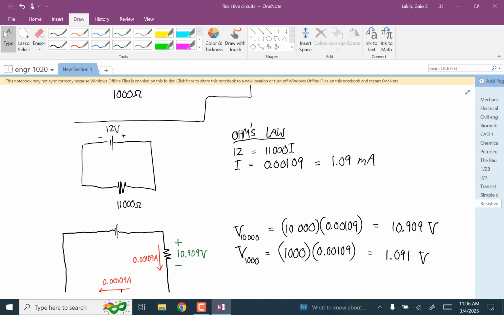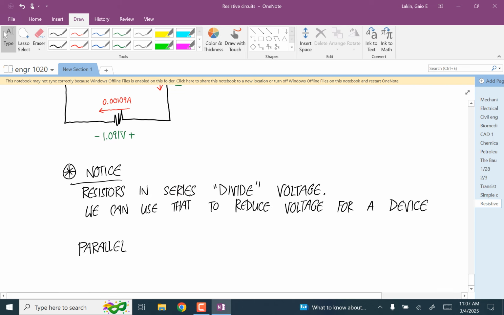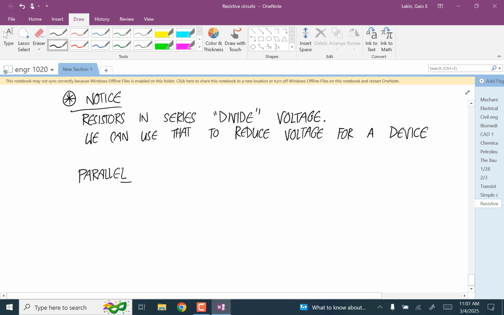Okay, so when two things are in parallel, electric current has the choice, it can choose whether to go through one device or the other.